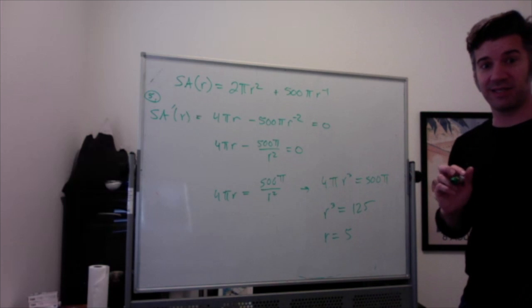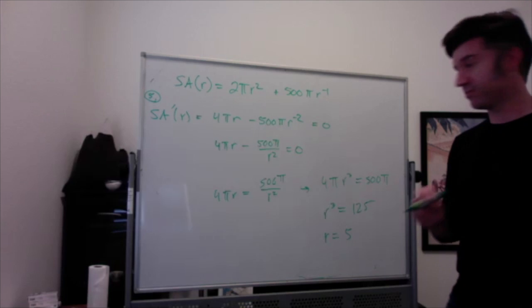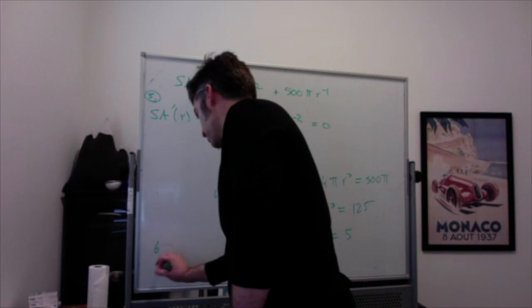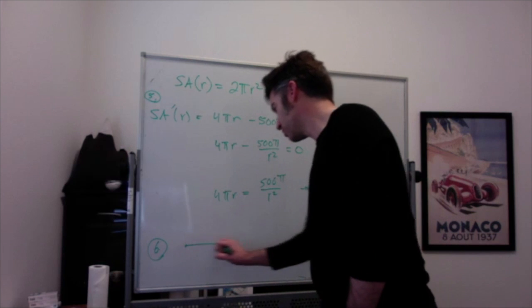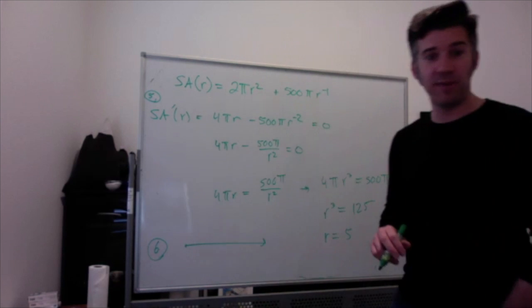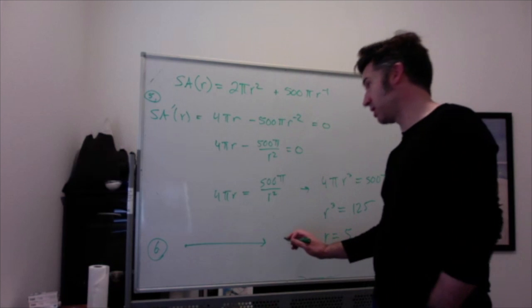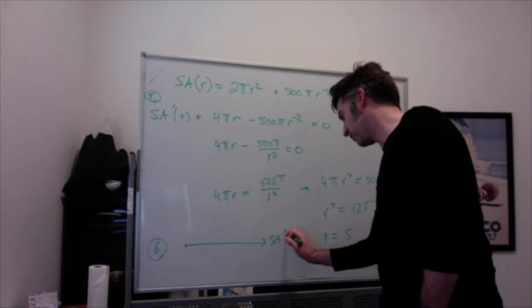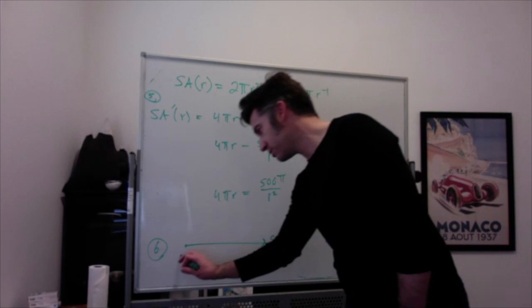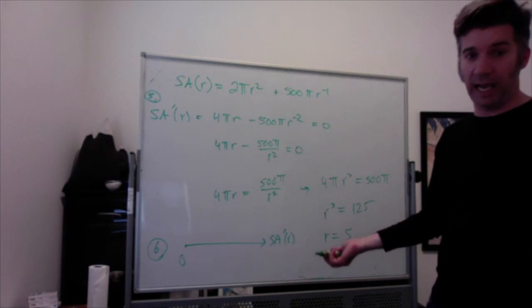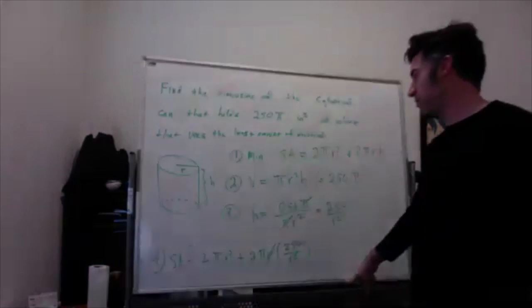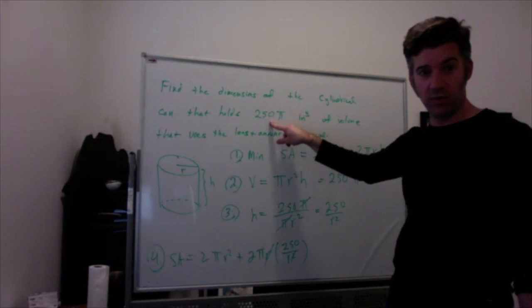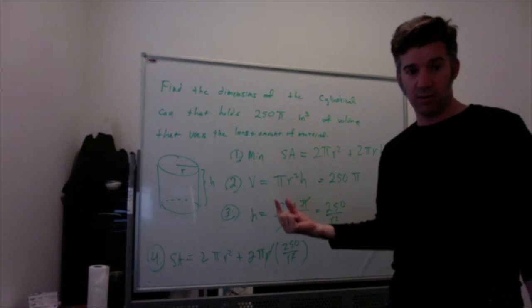Is that giving us a minimum surface area? Well, here's my half of my number line. I'm looking at the surface area derivative as a function of r, starting at 0. And the radius here could actually be infinite. It is interesting to think about for this shape: if it has to hold a specific volume, you can't have a radius that's 0.